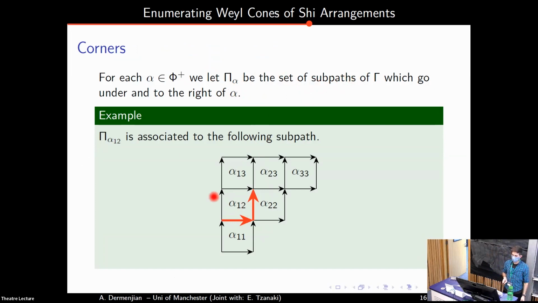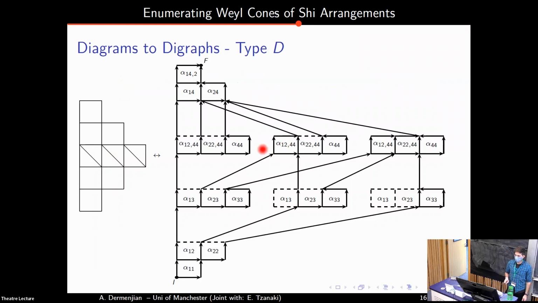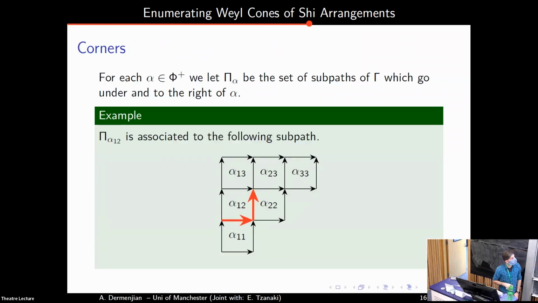If you look at alpha 1,2 here, we're going to consider this path here as the path associated to alpha 1,2. In particular, I'm going to say it's a set of subpaths, because if we look at, for example, type D, we might have more than one box associated to any particular root. So I might have to take more than one collection of corners, but that's not too bad of a thing.